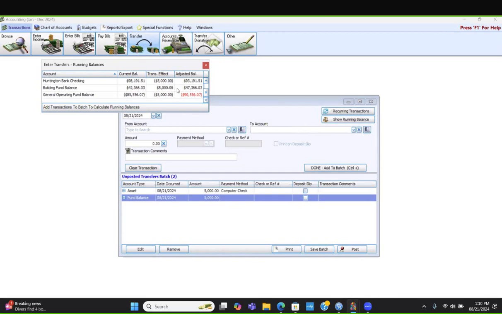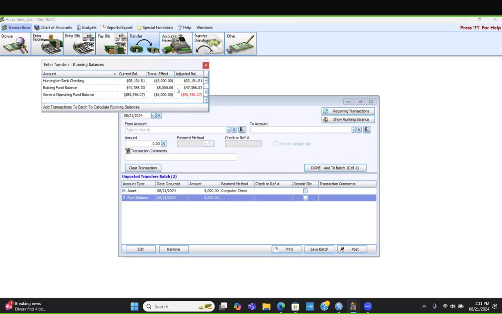It all depends on how your chart of accounts is set up. If you've got fewer funds and more assets, maybe a fund transfer is not required. But just keep in mind, you may need to do 2 transfers, asset to asset and fund to fund, when posting transfers between cash accounts.